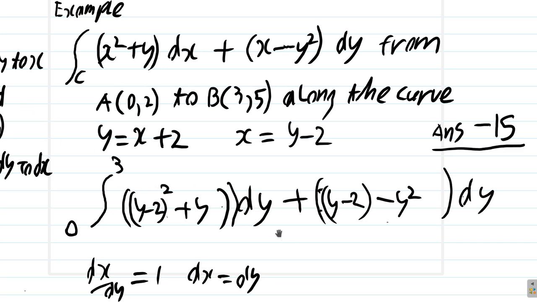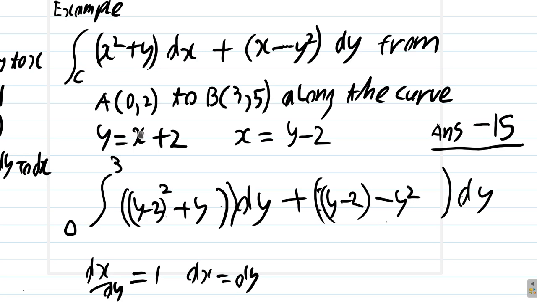So let's see, the boundaries. Remember, we had used the x coordinates alone in the previous work, 0 to 3. We're going to have to move them up. We're not going to use the 2, 5 because we did not use that at all. We're going to have to change up these values. When x equals 0, what is y?